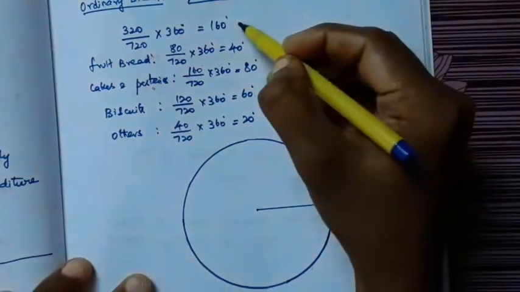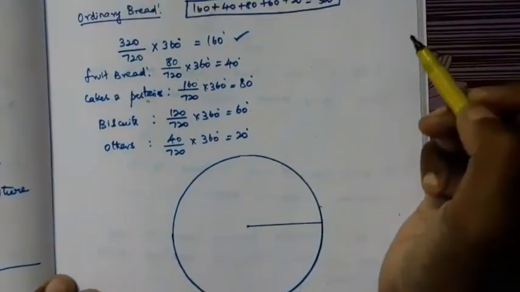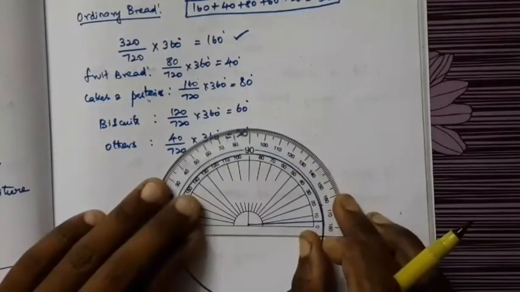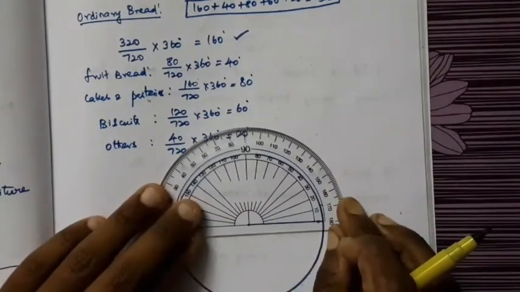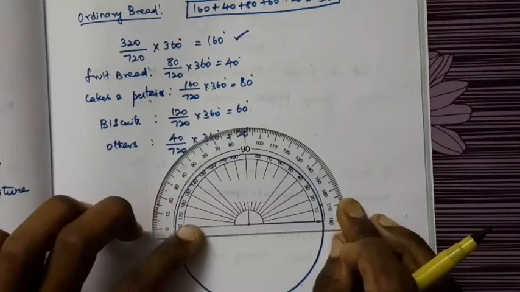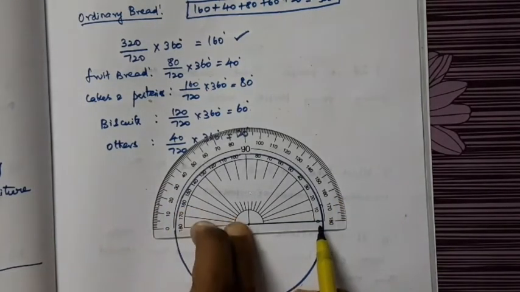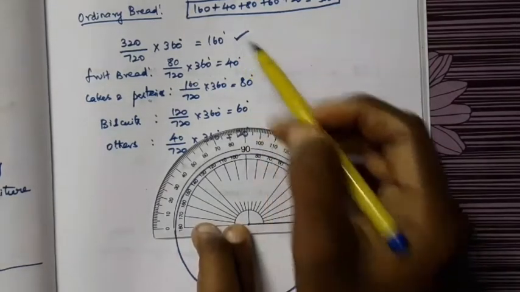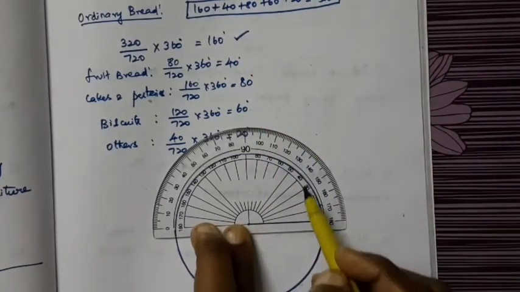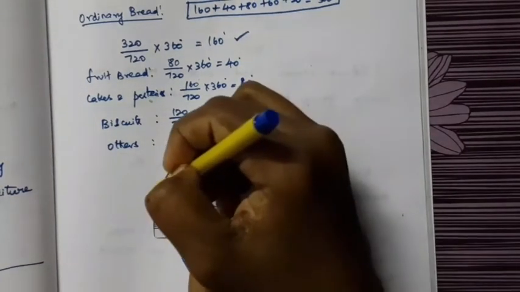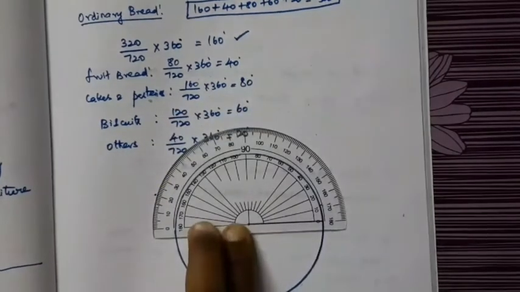First is ordinary bread, which is 160 degree. Okay. So take the protractor, keep it like this. Now see, this is your 0. From this you have to see where this 160 is. So if 0 is this, 160 is an obtuse angle. So 160 is here. Okay.